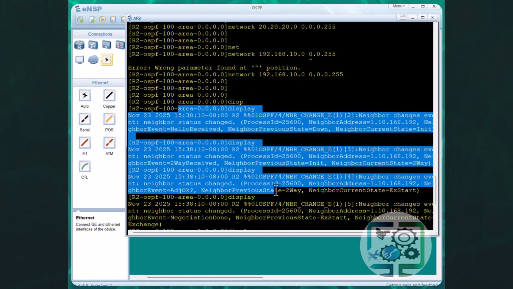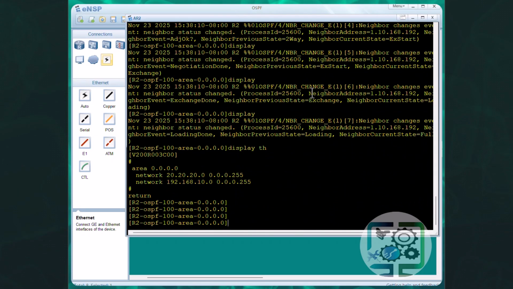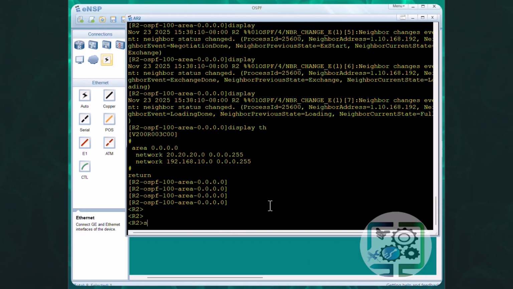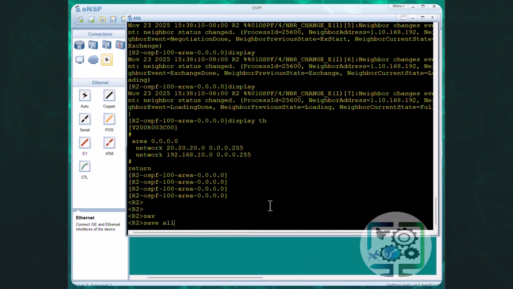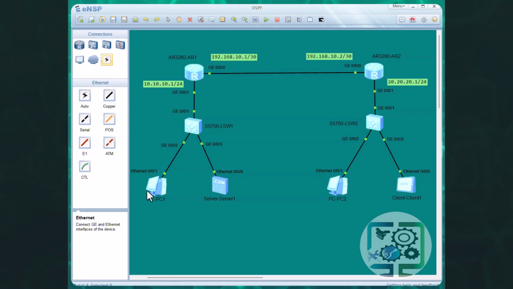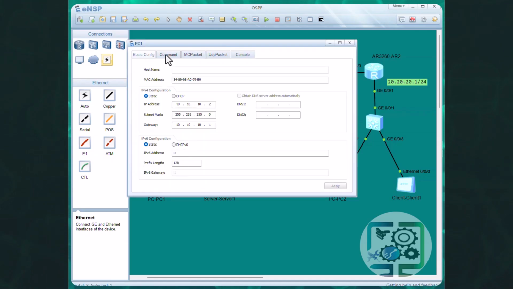We can see this message that the neighbor has been found. Now we will go back, save our configurations, and yes, done. Now we will go to this PC on the router 1 LAN.